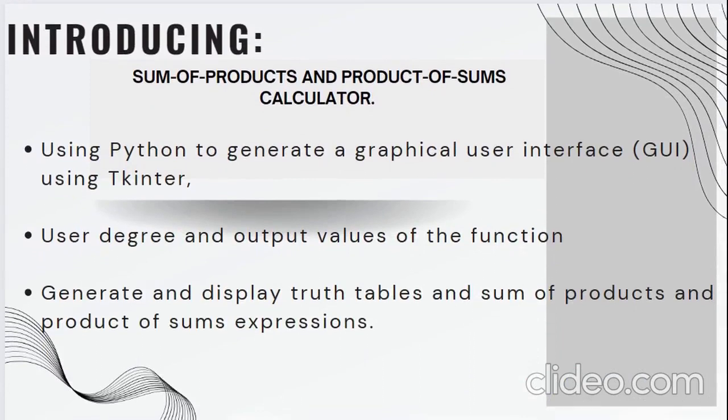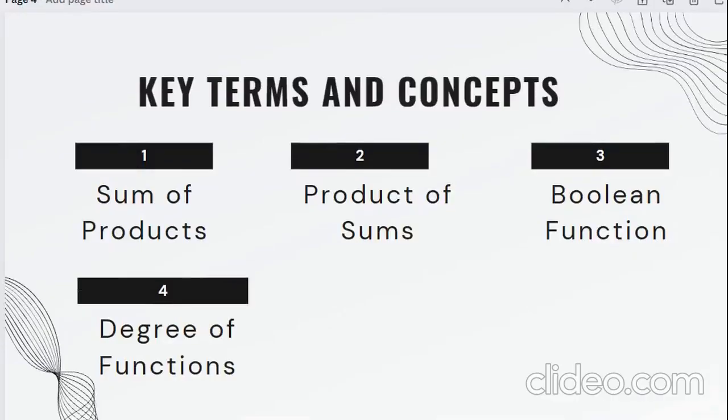So the goal of our project was to create a sum of product and product of sum calculator, and with the help of Python, we are able to create a program that allows the user to enter the degree and output values of a function, and then a truth table is generated and displayed alongside sum of product and product of sum expressions.